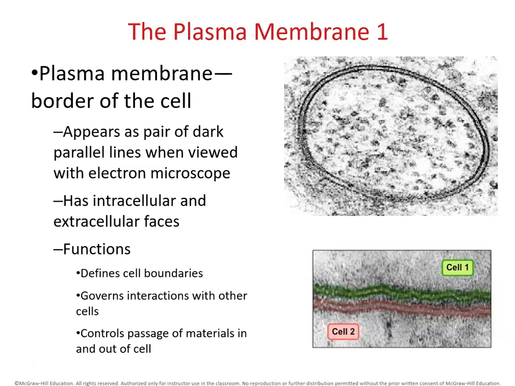So we've talked briefly already about the plasma membrane. This is the border around the cell that separates the inside of the cell from the outside of the cell. When we look at a micrograph, we can see that there are two layers. So this is one layer of the phospholipids.